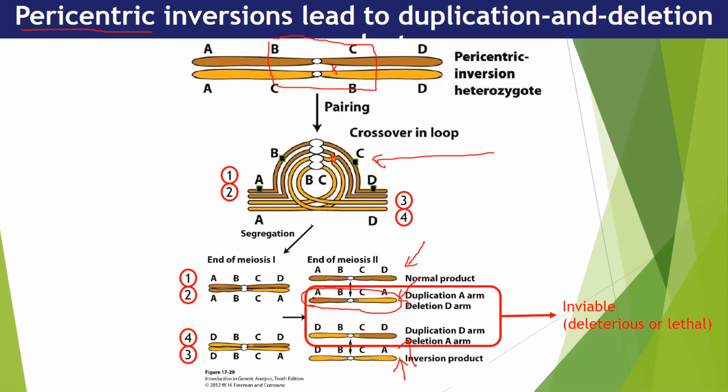Also, you see 2 copies of A, right? Too much gene product from the A gene might cause a problem as well. So a gamete like this cannot survive, and the same for this one, right? So only half of them can survive. The parental type can survive.